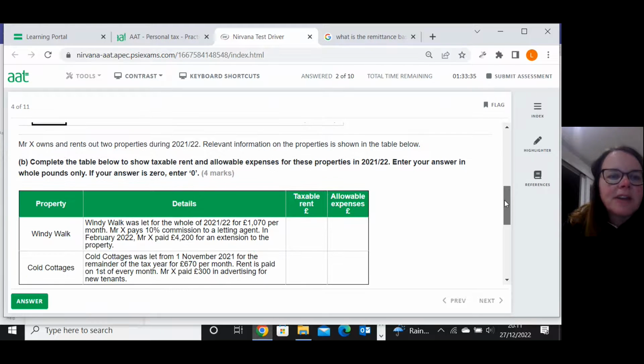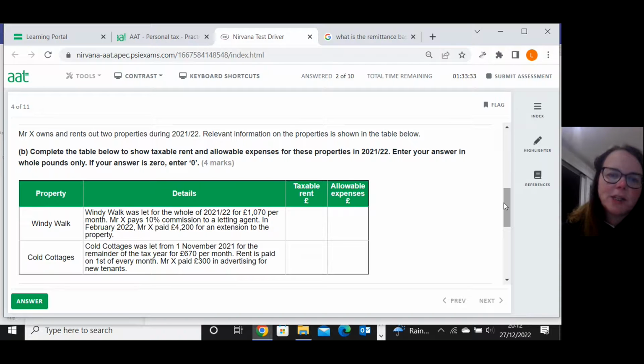Mr. X owns and rents out 2 properties during 21-22. Complete the table, whole pounds, 0. Right, Windy Walk was let for the whole of 21-22 for 1,070 per month. So if it's the whole year, we just do 1,070 times 12.